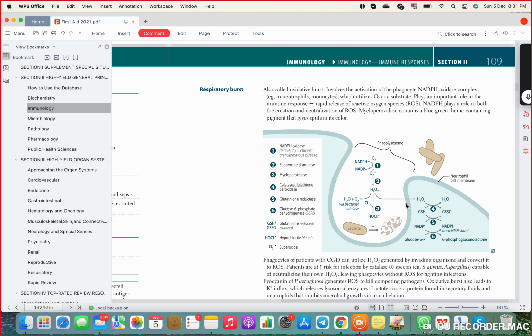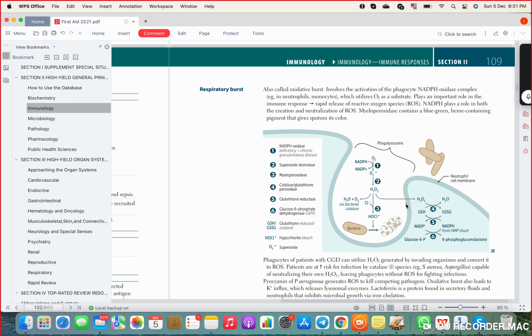This superoxide gets converted into hydrogen peroxide with the help of superoxide dismutase. Chloride is added to the hydrogen peroxide to become, I don't know what that is. That is bleach, basically, like the bleach for the toilet. It's the exact same thing actually. So it becomes the bleach, and that breaks down the cell membrane of the bacteria, releasing all the contents of the cell. That's all, doc.